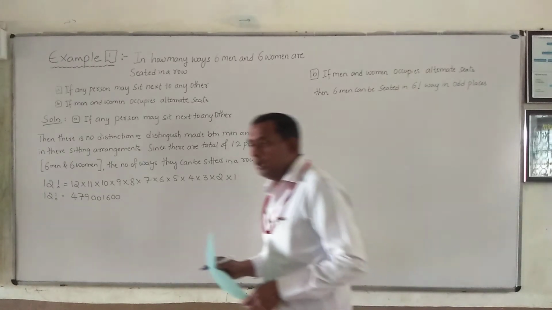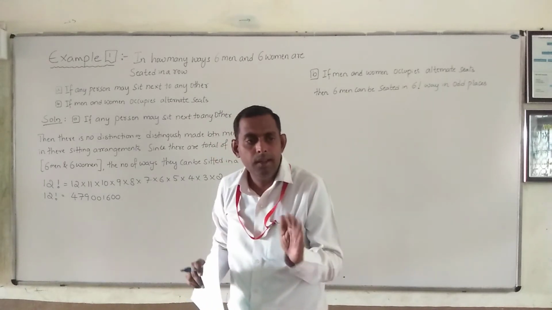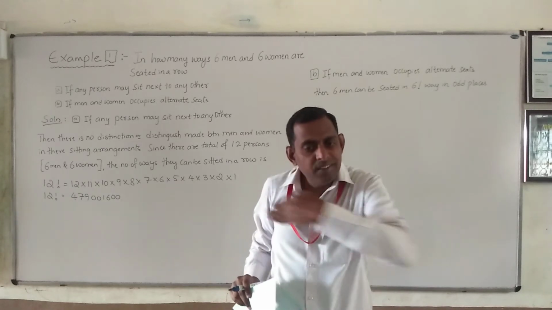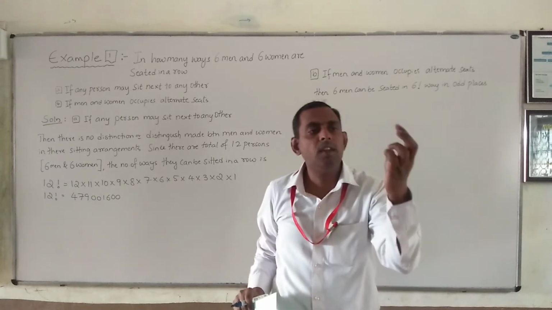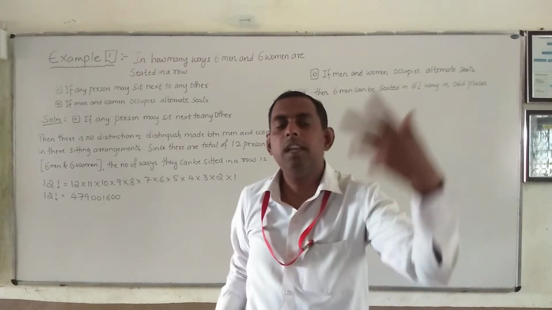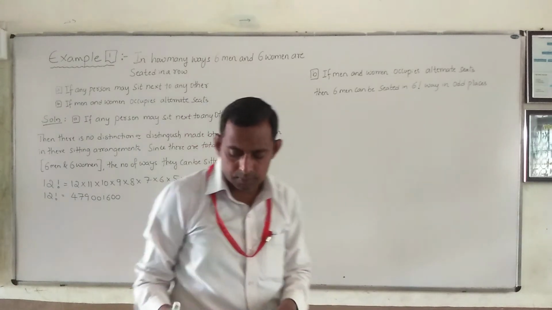So in odd places first men are sitting, then women, then men, then women, means what? The places of the men sitting are totally odd, that is 1, 3, 5, 7, 9, 11, 13, 15, 17, like this. Means men are sitting in odd places.